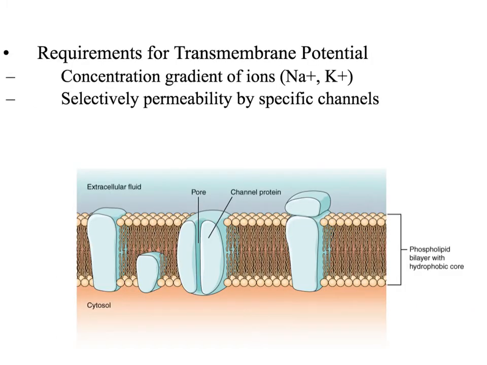So for this to happen, there are several things that must be in place. First off, you have to have a concentration gradient. A concentration gradient is defined where you have a high concentration of something in one area and then a low concentration in the other area. What's going to happen is these ions, if they have a chance, and let's say you've got a membrane that has a large opening and there's no problem with these ions passing through, these are going to go through that opening and will equilibrate until there's roughly an equal concentration on each side.